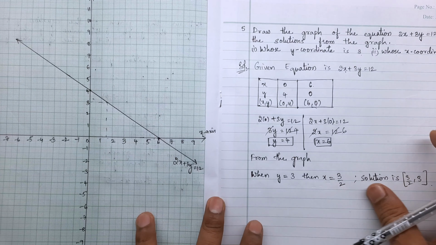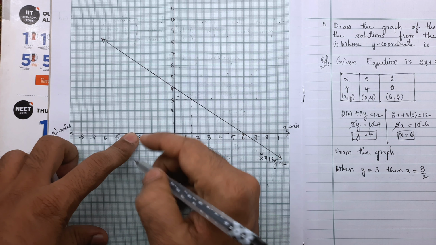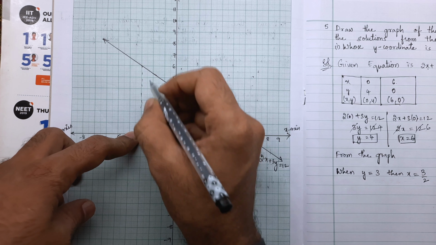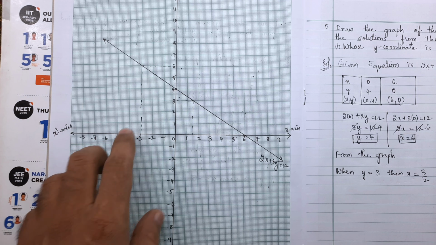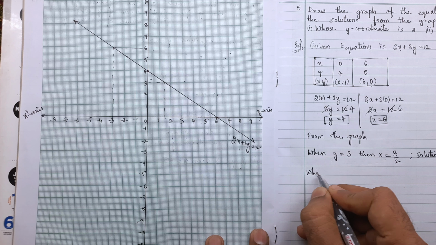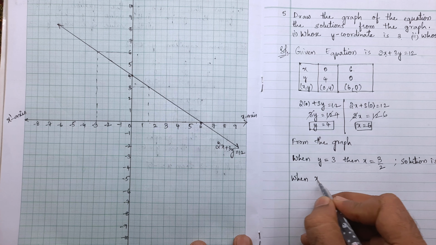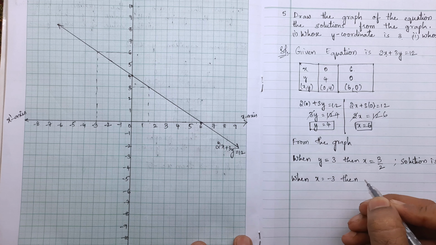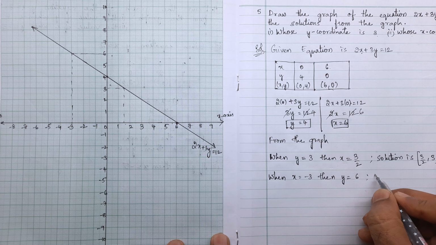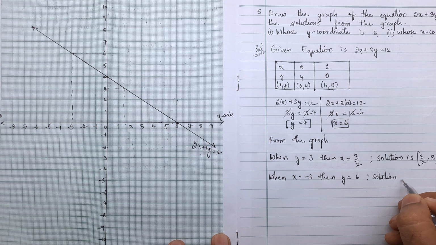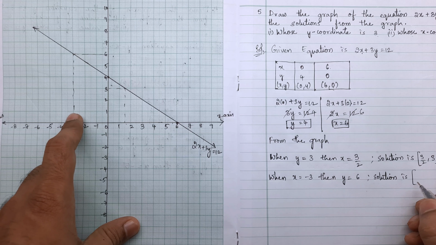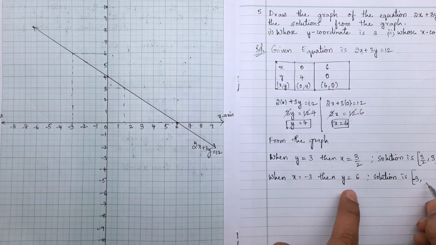Here the x coordinate is minus 3. Let us join this. The value of y is 6. When x equals minus 3, then y equals 6. Therefore the solution is minus 3 comma 6.